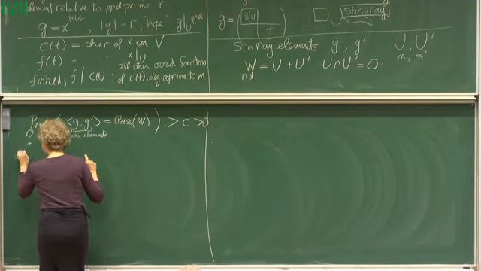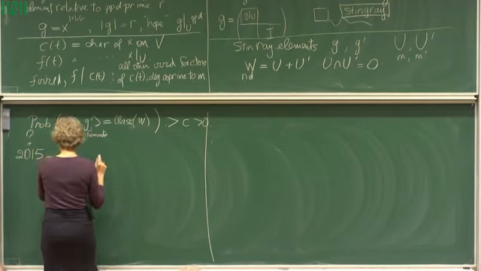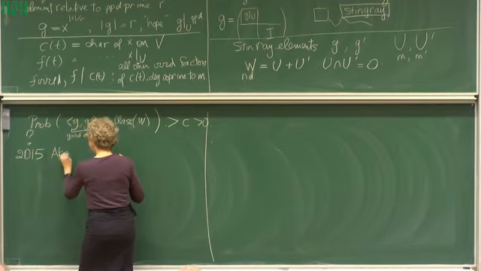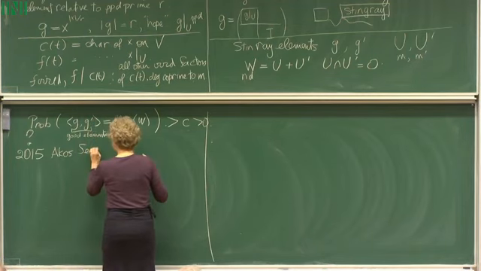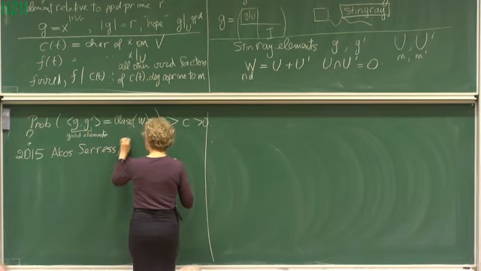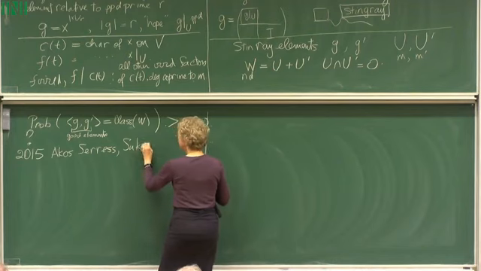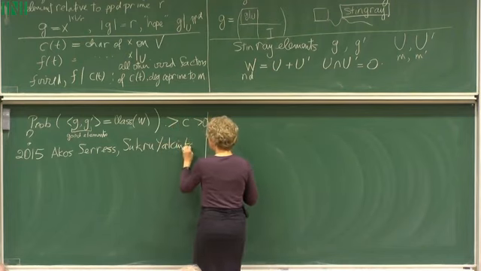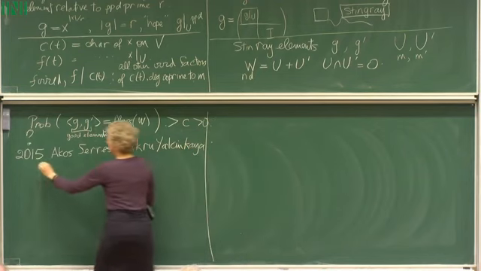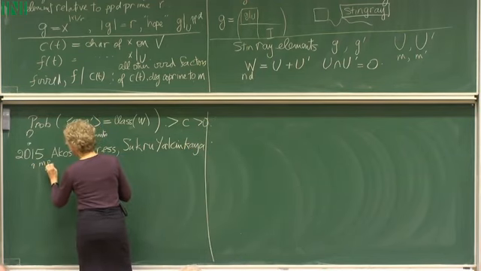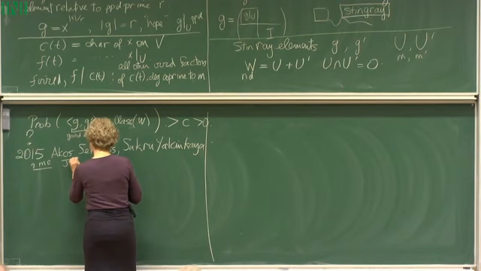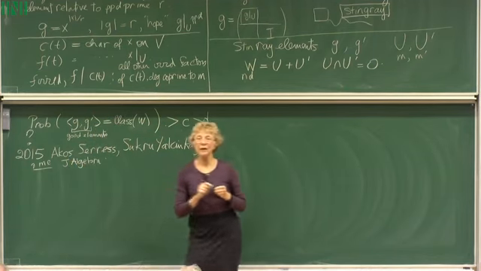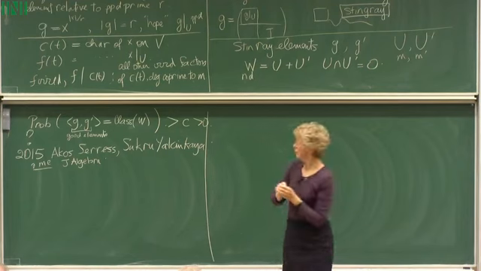So there's a paper from 2015, and the authors are Akos Seress, Shukru Yalcinkaya, and me, and unfortunately that's published in the Journal of Algebra issue in memory of Akos.